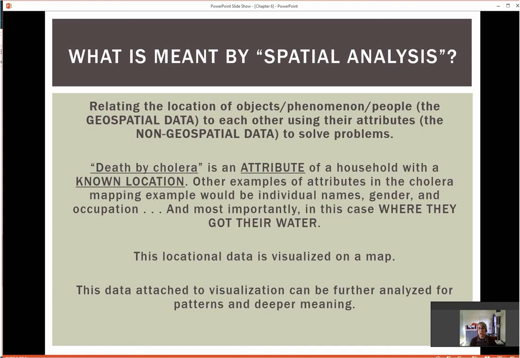Other attributes in the cholera mapping example would be people's names, their gender, their occupation, and most importantly, where they got their water. By doing that, you can visualize it on a map. Once it's on a map and in a computer, you can further analyze it for deeper patterns and more meaning.